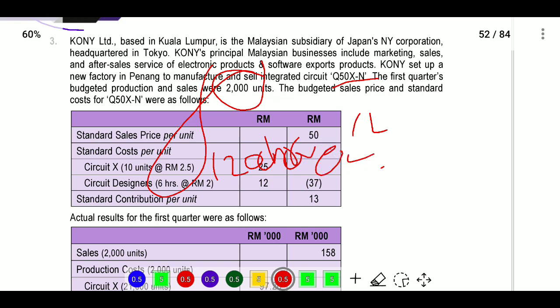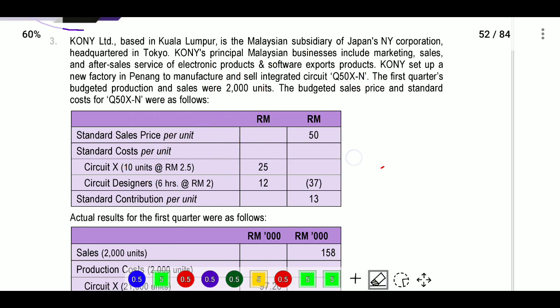Next, I will write properly here, and we will get clarity now.